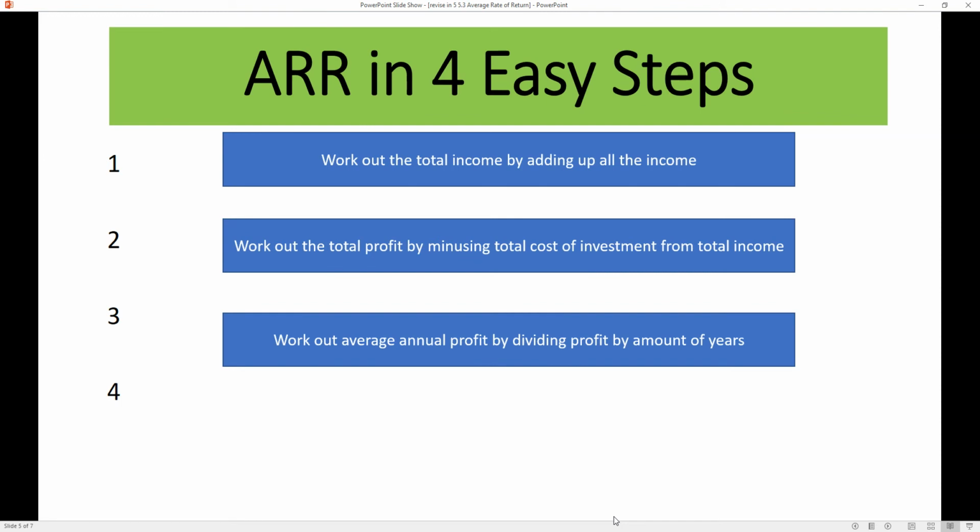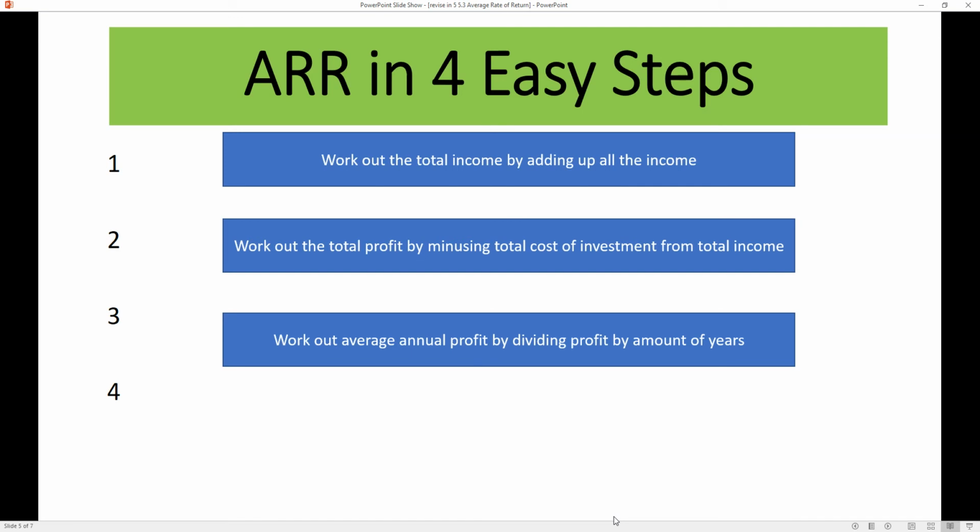You need to work out the average annual profit by dividing by the amount of years. Now, some people will just take the total profit divided by the cost of investment times 100, and that is not the average annual profit. So if my total profit was 3,000, I'd have to divide that by 5 years. Remember, I said 1,000 over 5 years.